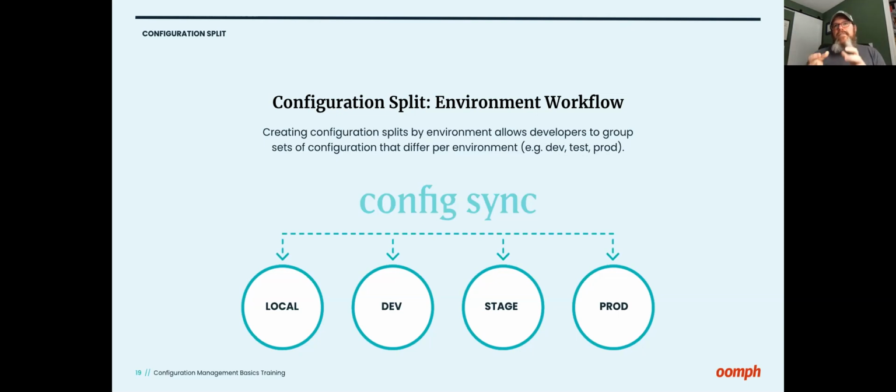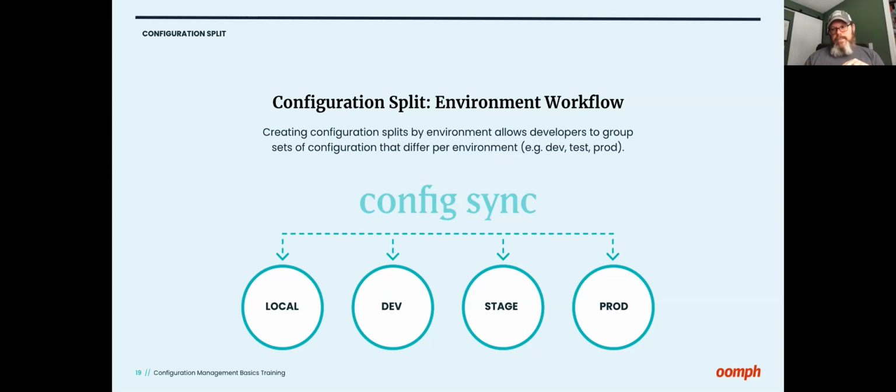But the key thing to take away here is, again, remember our workflow for core being very linear. It's literally from local to dev to stage to prod. Here we have one common configuration that applies to all the environments, but then we have the ability to have configuration that is layered on top of those for local, for dev, for stage, and for prod.